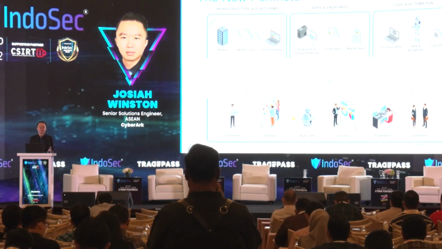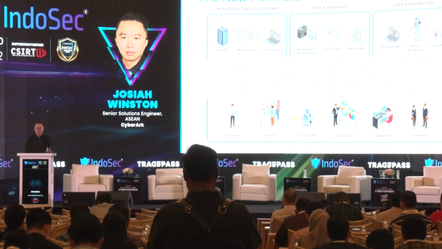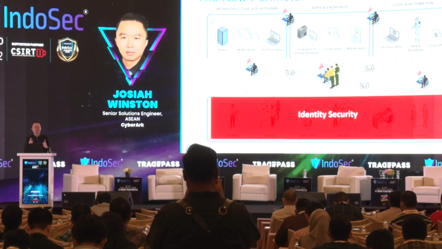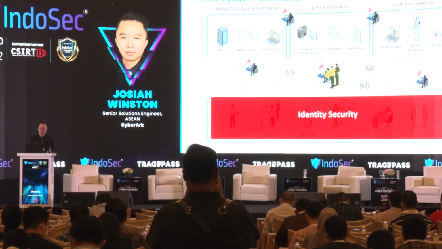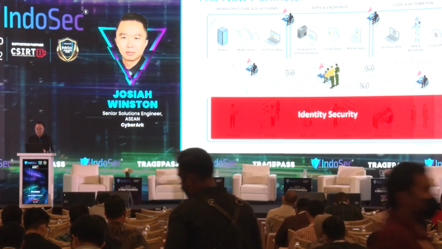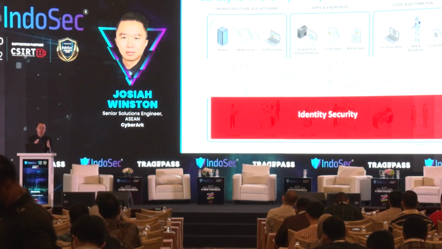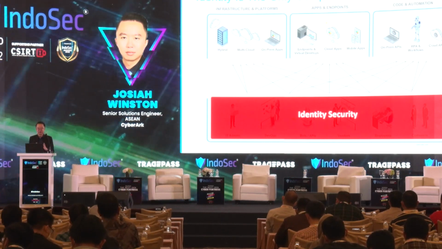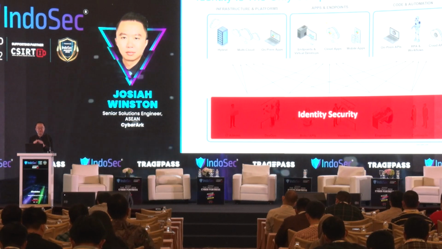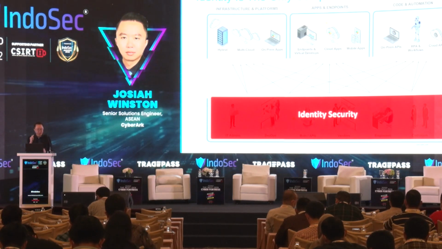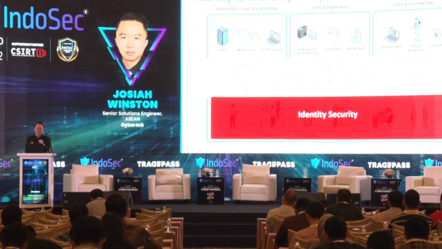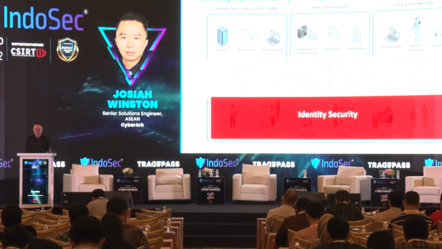So with all that being said, we can summarize that identity has become the new perimeter. Identity security is the only way to provide that critical first layer of security inside this perimeter scope.